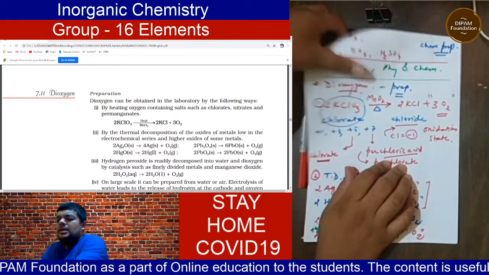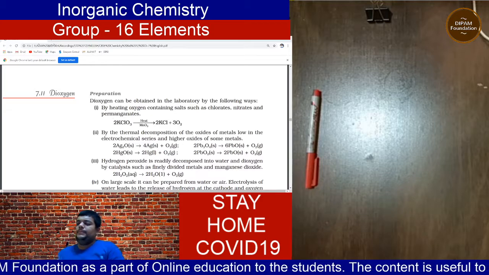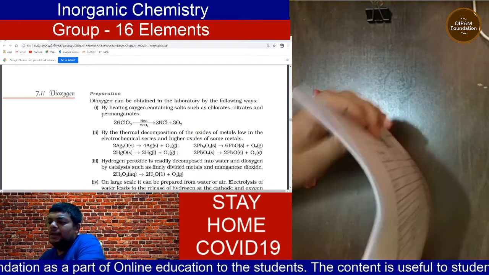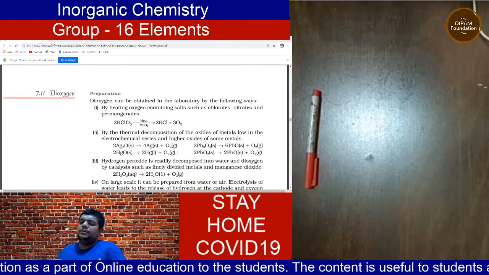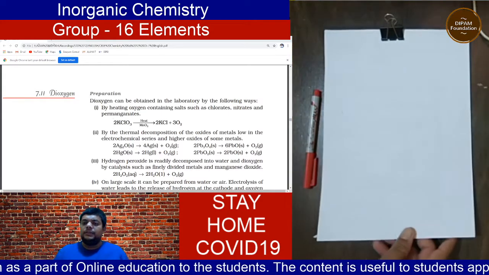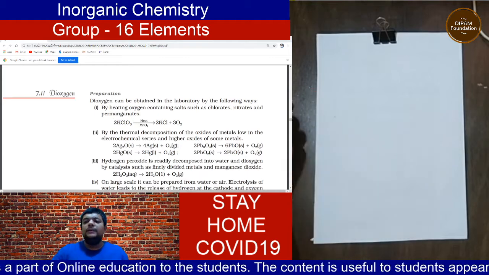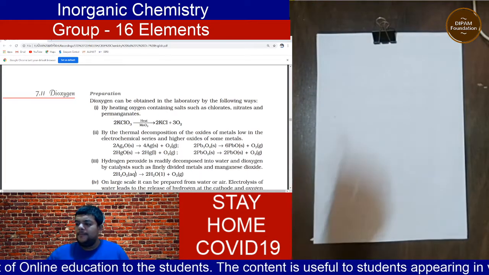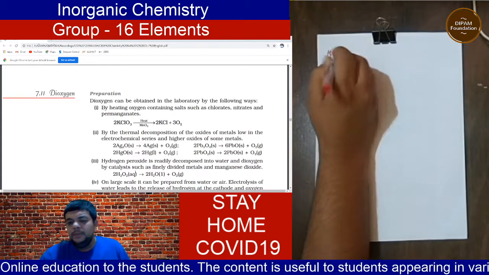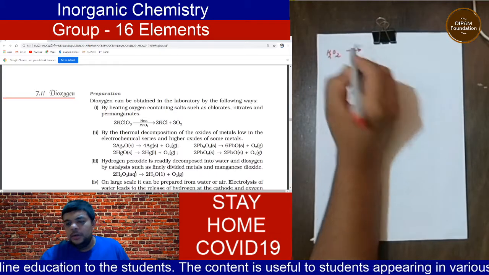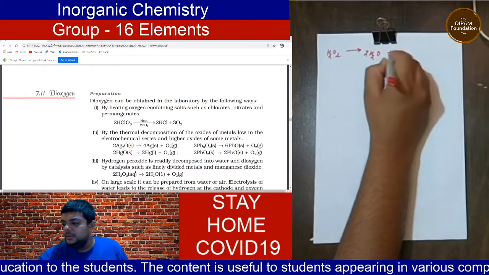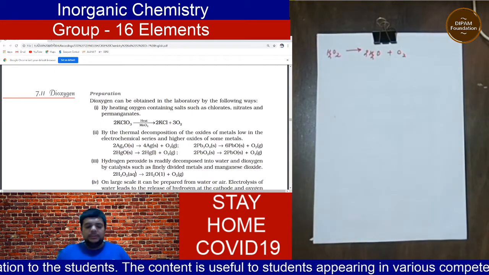Moving in the same direction, if I still go further, I could come up with a few other reactions, where if hydrogen peroxide undergoes a reaction, it gives me water plus dioxygen gas.